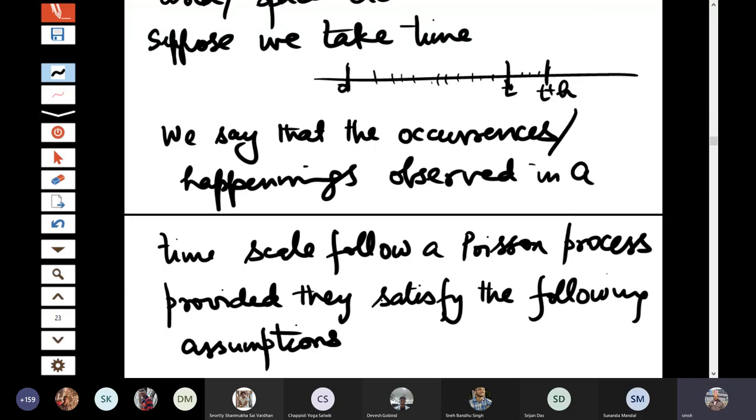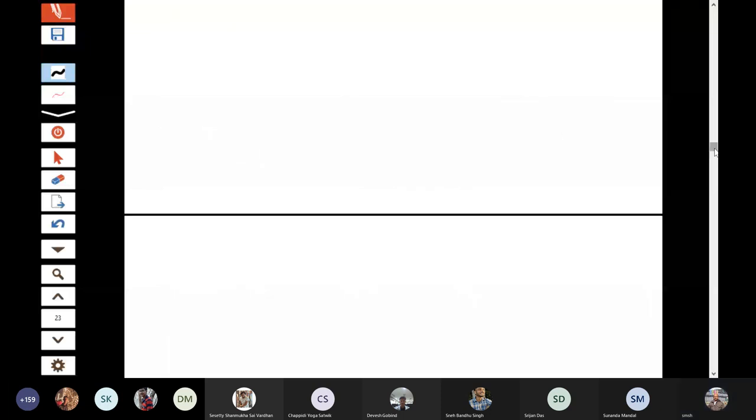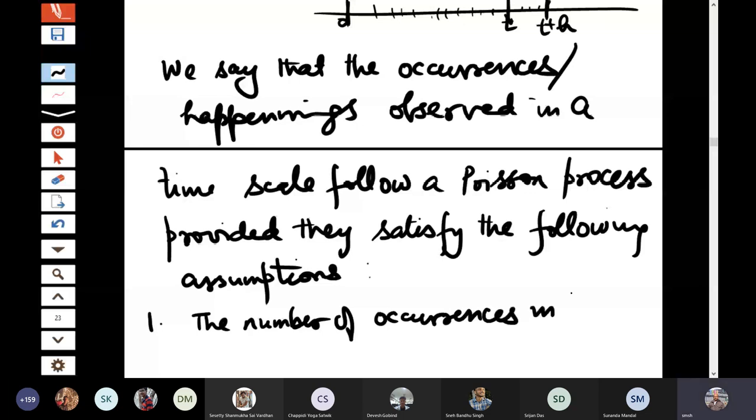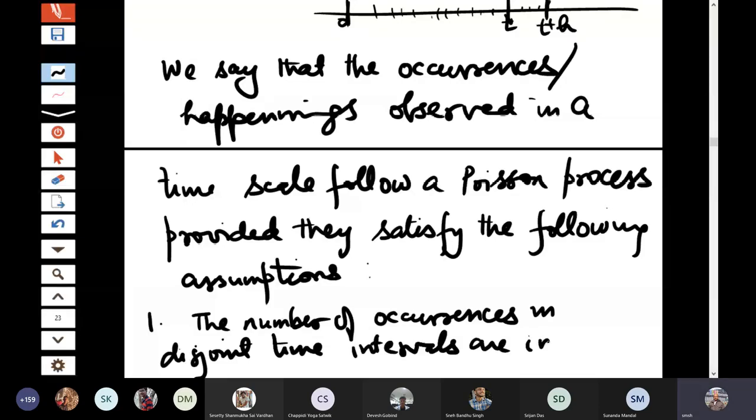So we say that these occurrences which are being observed over time are following a Poisson process provided they satisfy certain axioms or assumptions. So what are those assumptions? The first assumption is that the number of occurrences in disjoint time intervals are independent.